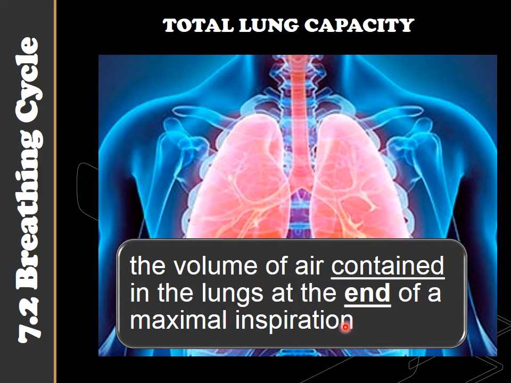Inspiratory capacity involves maximum inspiration, but we are measuring how much air from outside entered your lungs. Total lung capacity is measuring how much air is in your lungs. Later I will show you based on the graph, and then you will be more clear.